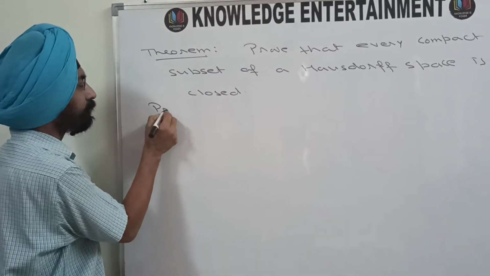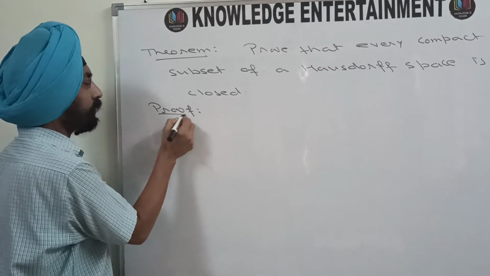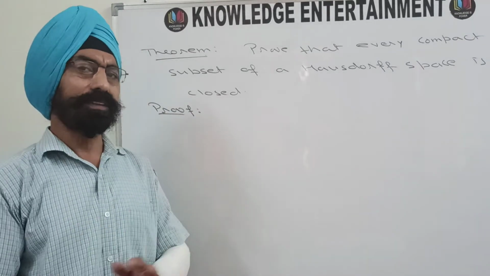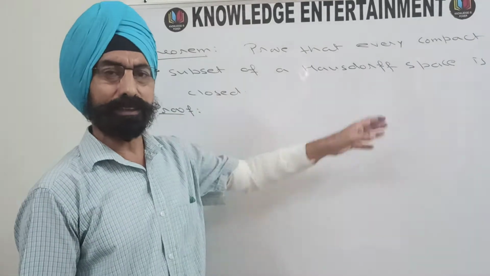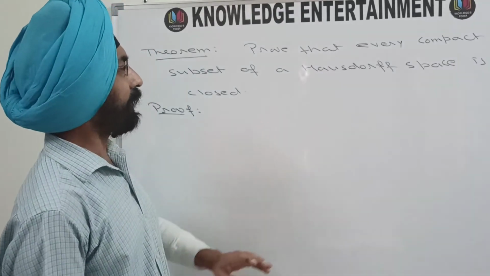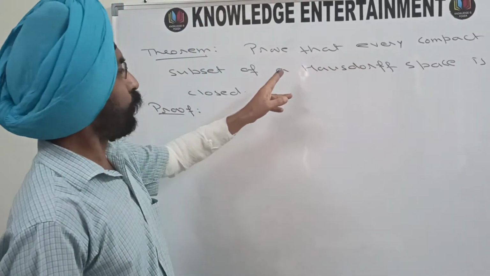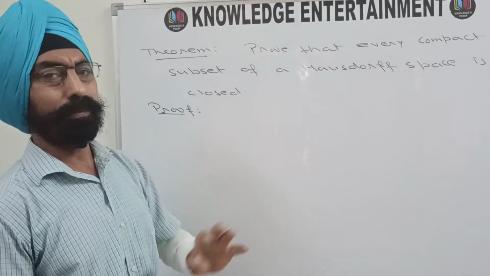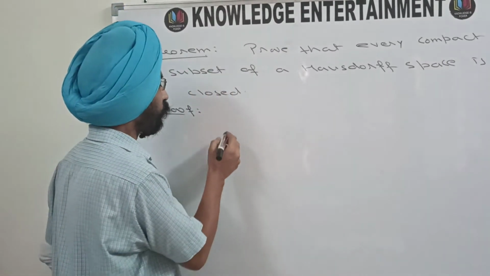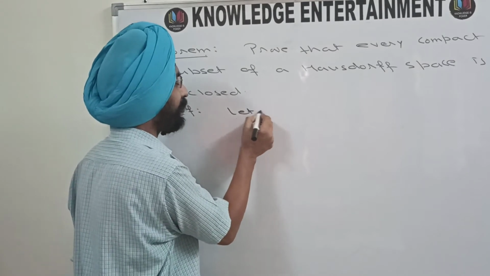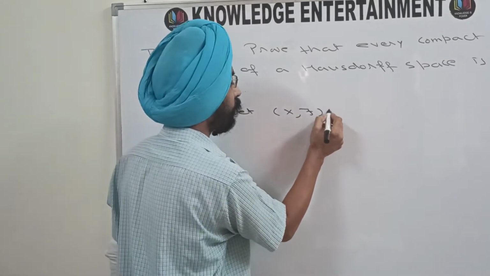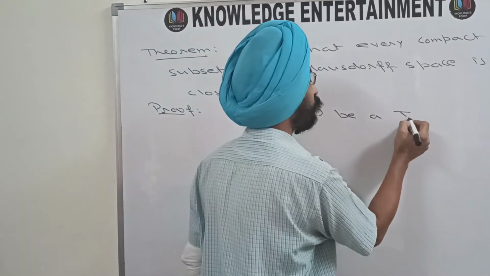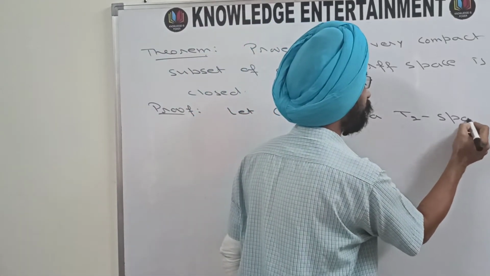Now this is the theorem. Since you have seen my previous videos, you know what a Hausdorff space is. And now we have to show that if you take a compact subset of a Hausdorff space, then it will be closed. So where do we start? Let (X, tau) be a Hausdorff space, that means a T2 space.